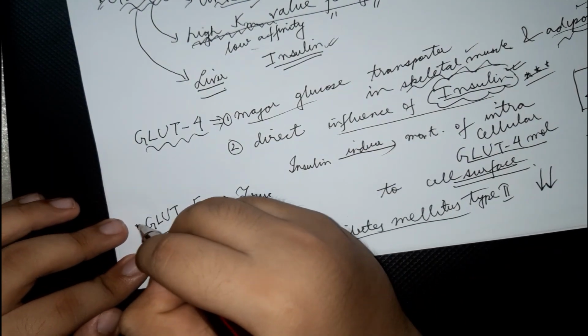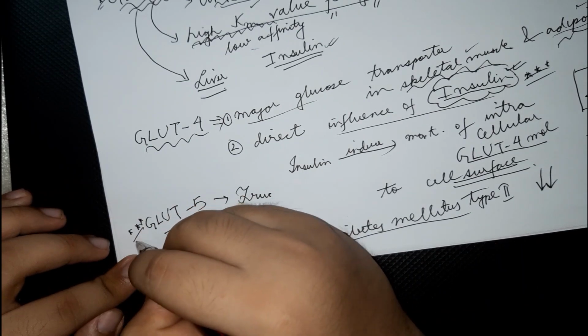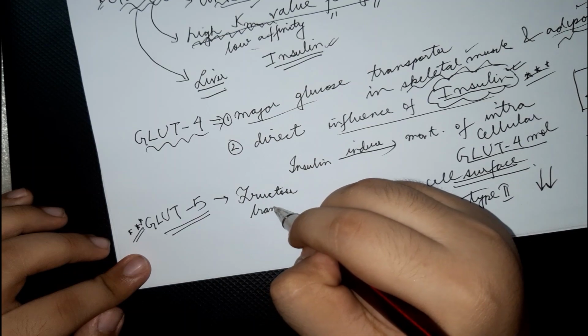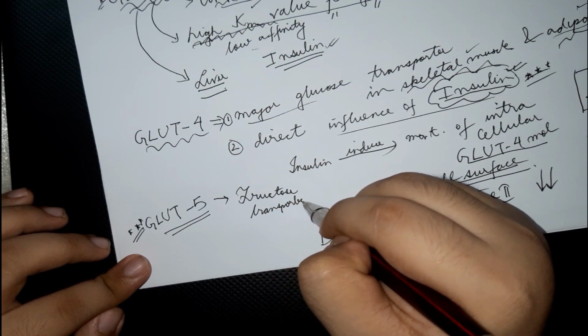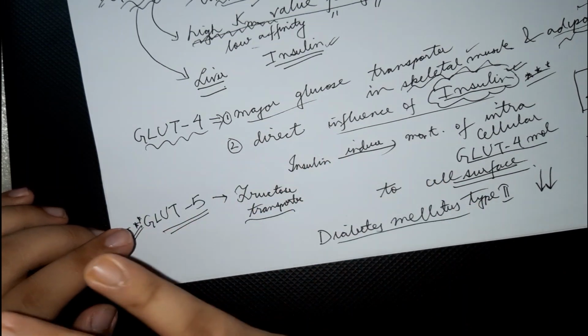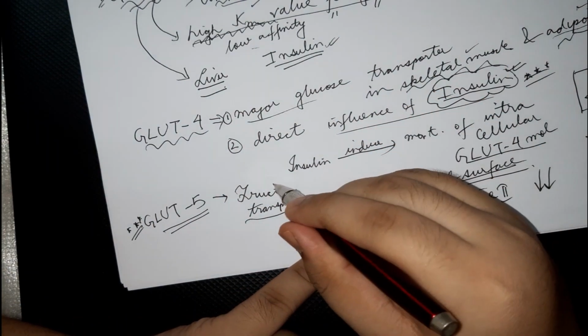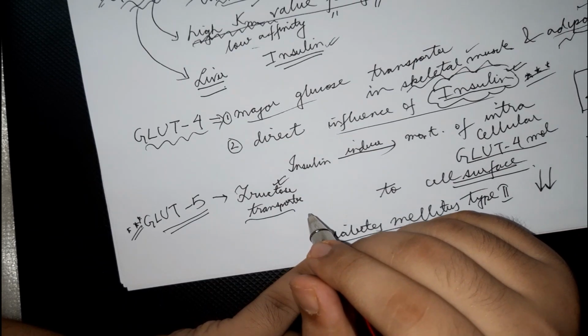This is another important piece of information. It is a fructose transporter. Not that it does not transport glucose at all, but it's a very poor transporter of glucose. Fructose is the main thing that it transports.